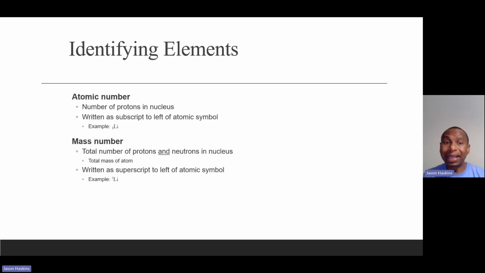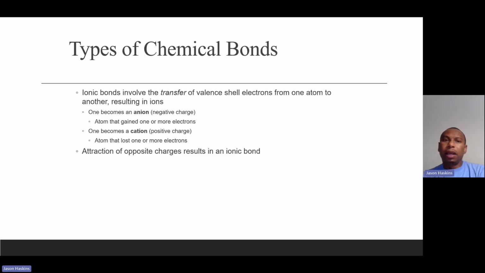Speaking of interacting with others, let's look at the bonds. There are two types of bonds that we're going to talk about. The first is an ionic bond. When you hear ionic bonds, just think about creating an ion. An ion is something that has either lost or gained an electron, so therefore it has an additional charge to it.